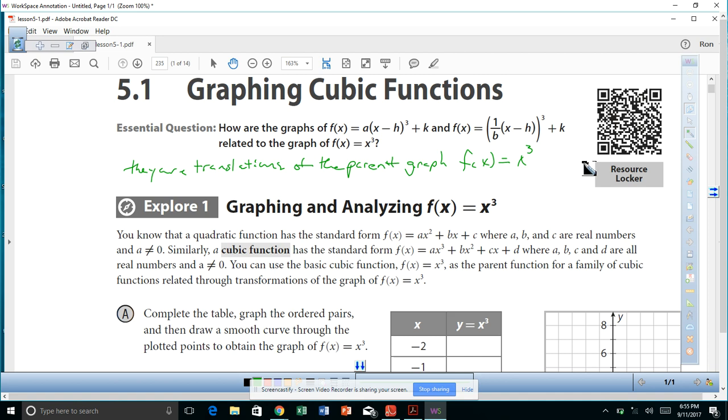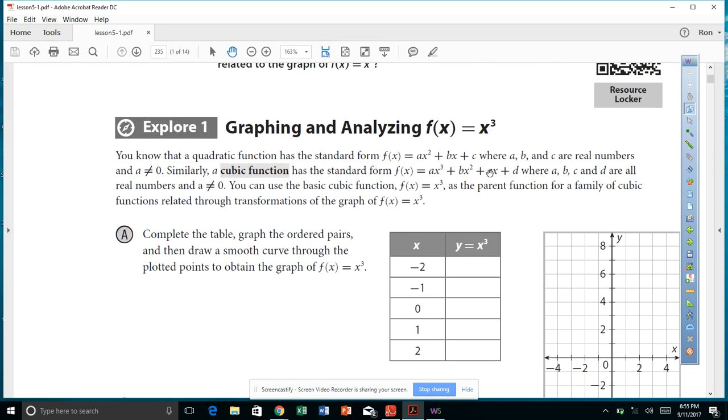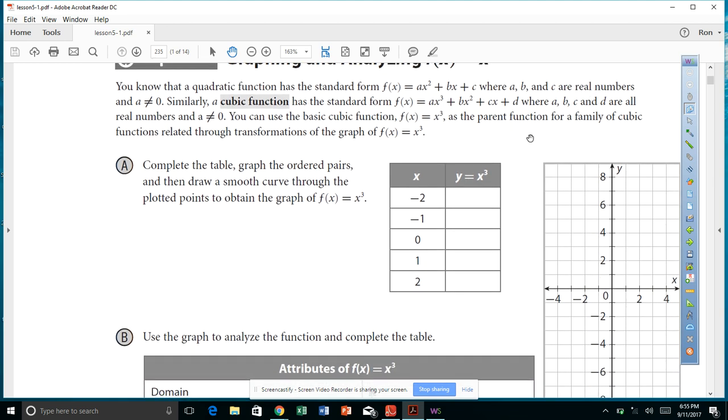Explore 1. Graphing and analyzing f of x equals x cubed. You know that a quadratic function has the standard form f of x equals ax squared plus bx plus c, where a, b, and c are real numbers and a is not equal to 0.